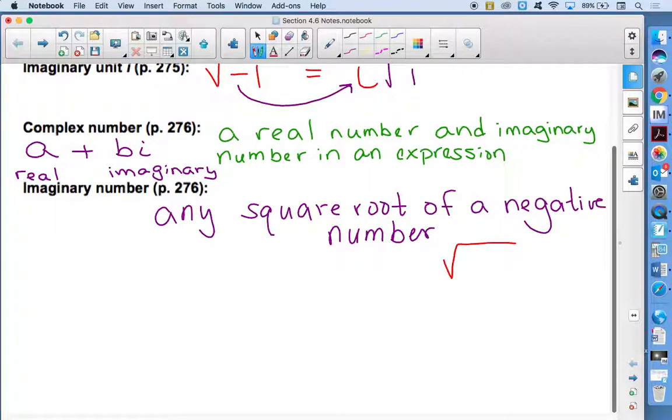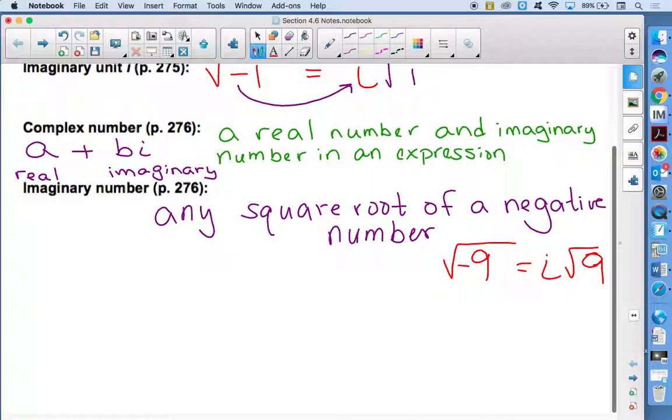So if we had the square root of negative 9, what would that be? What's the square root of negative 9? Michael? You're so close. It would be i times the square root of 9. But what is the square root of 9? 3.